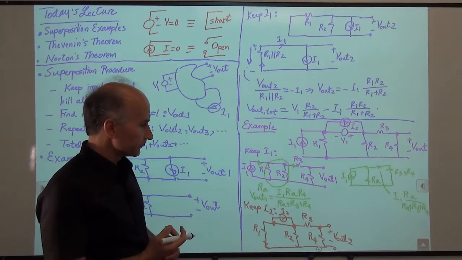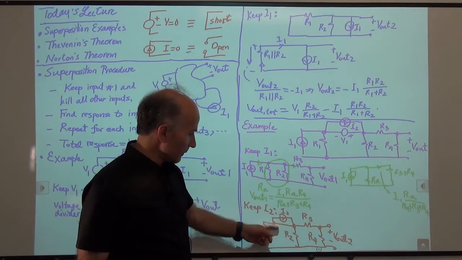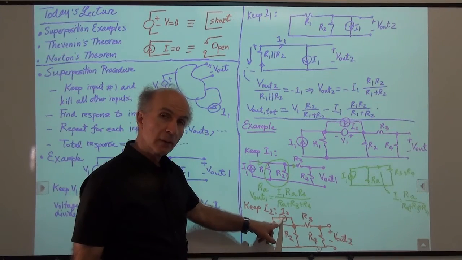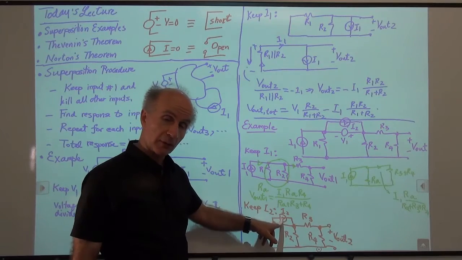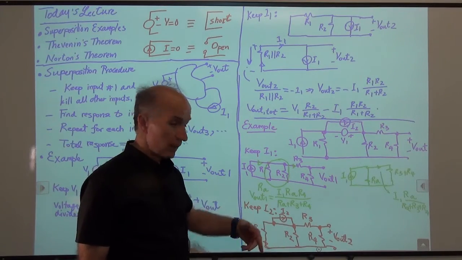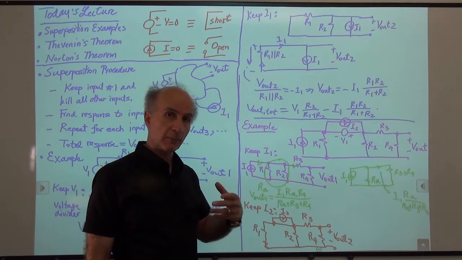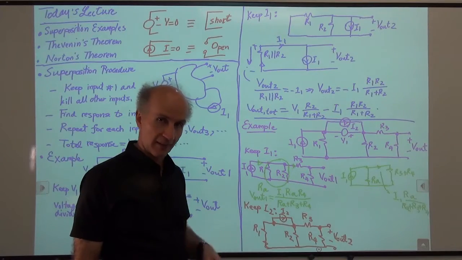Okay, so what do we see here? It's a very peculiar case. I2 wants to flow through something. That's what a current source wants to do. And our understanding is that the current always prefers the path of least resistance.